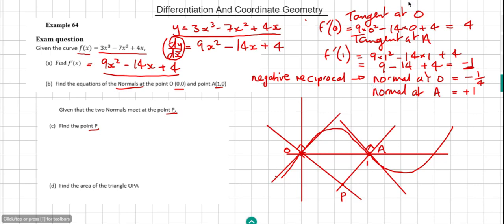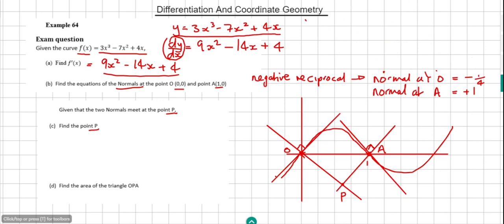Having got the gradients of the normals, we can now use the equation of a straight line to find the equation of the normal. We can use y minus y1 equals m, and then in brackets x minus x1.